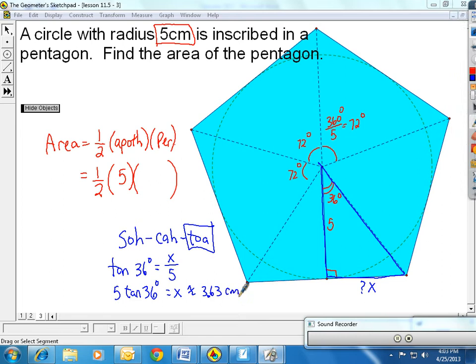And now I'm home free. If this is approximately 3.63 centimeters, what then must my perimeter be?